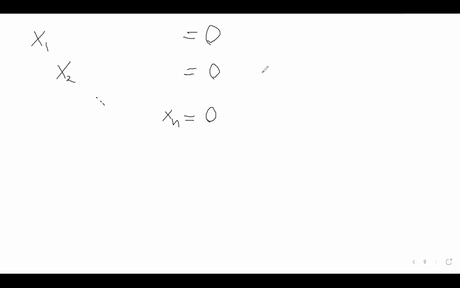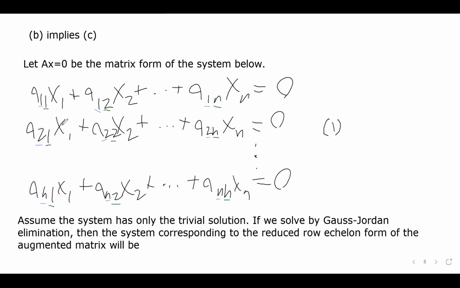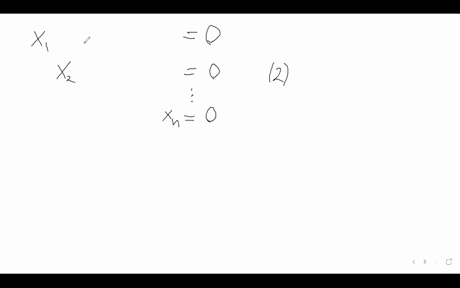With enough experience with Gauss-Jordan elimination, you can see how that would happen. If I went through all the steps, I could show you that this is what happens. If you take your original system and it only has a trivial solution, then all you have to do is do Gauss-Jordan elimination, and you will get this.